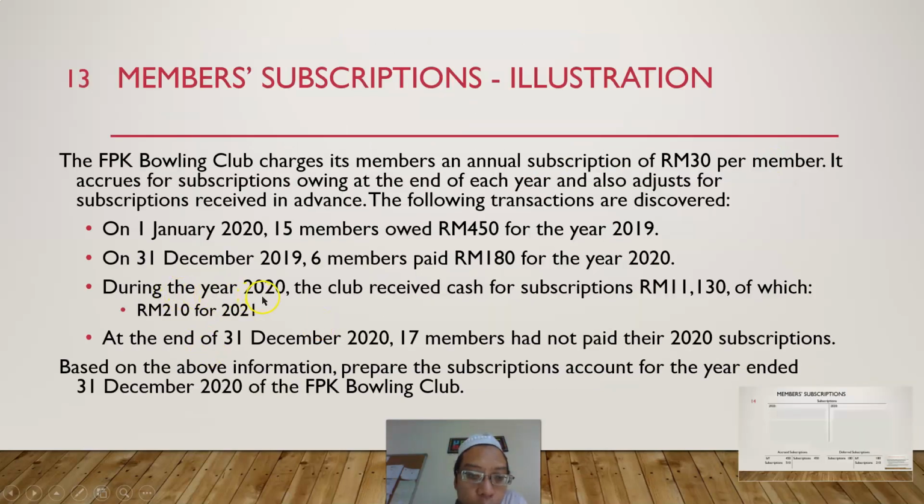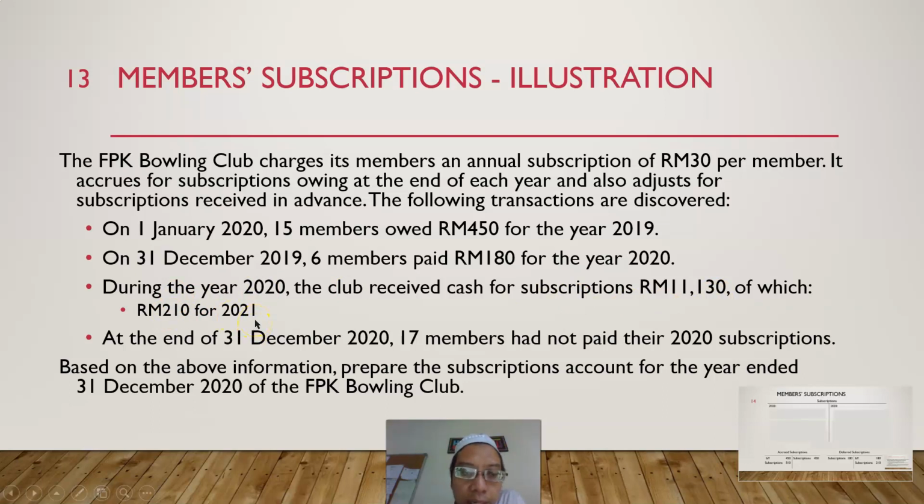During the year 2020, the club received cash for subscriptions amounting to 11,130, out of which 210 is for 2021.